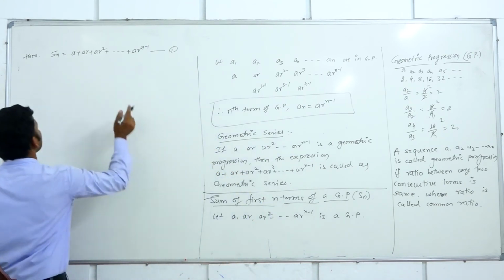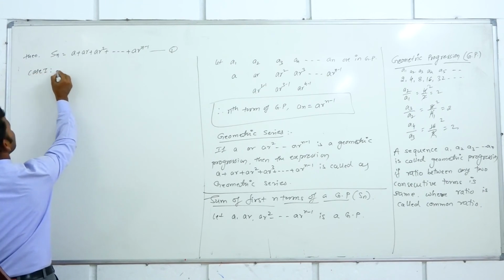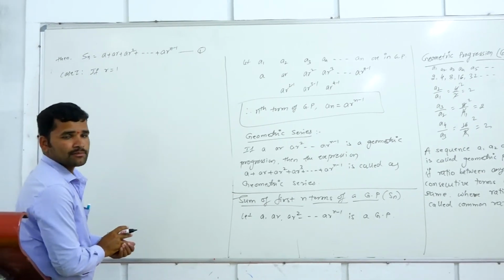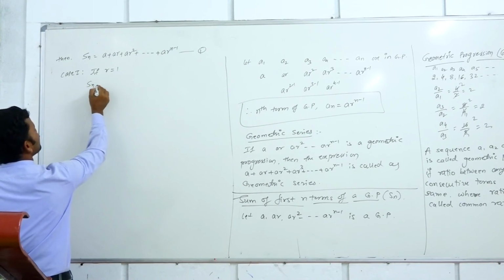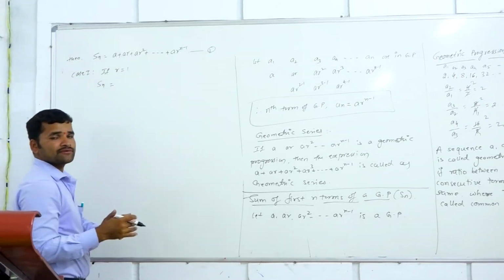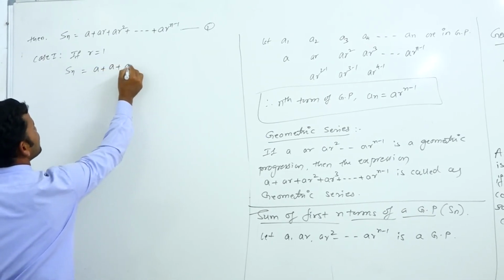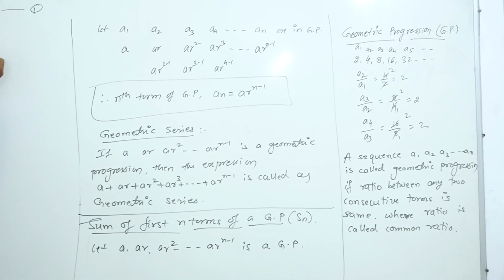Suppose case number 1, if r is equal to 1, if common ratio r is equal to 1, then what happens to the formula? Sn, the sum of n terms, is equal to a plus a into 1, a into 1 square, so on up to a only.